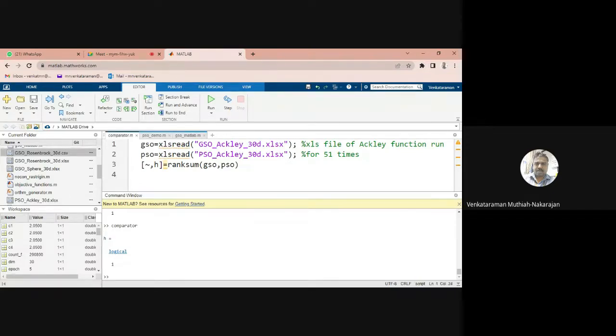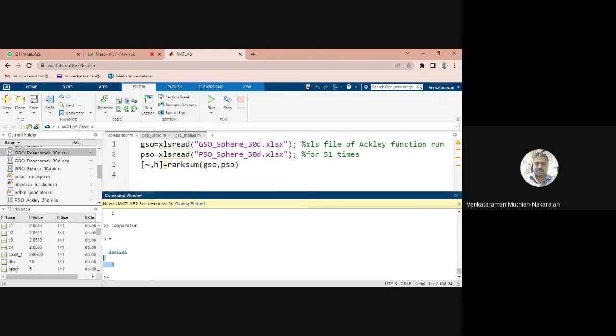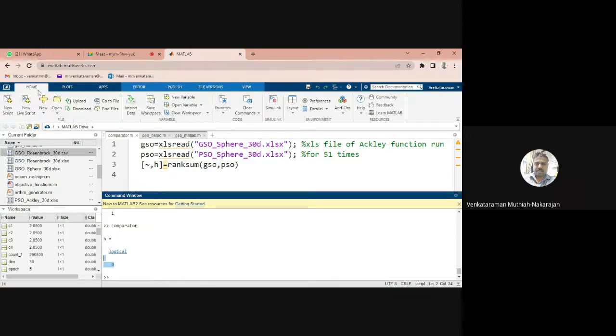Now let us see if we can do it for sphere function. See how things turn out to be. For sphere function, the output H is 0.